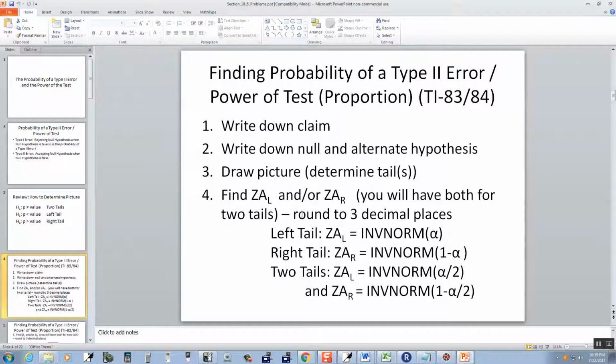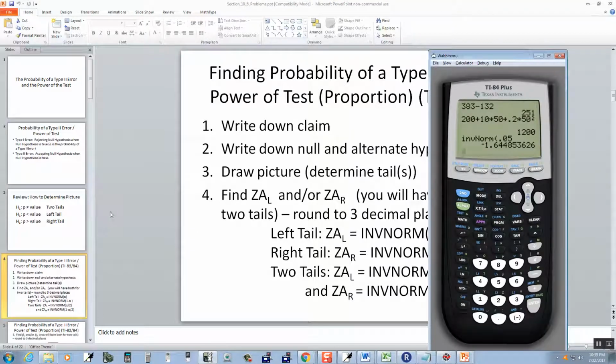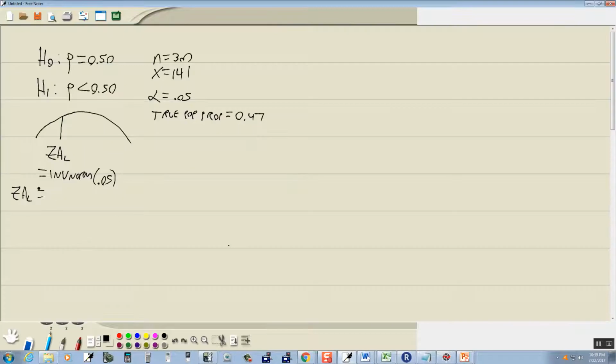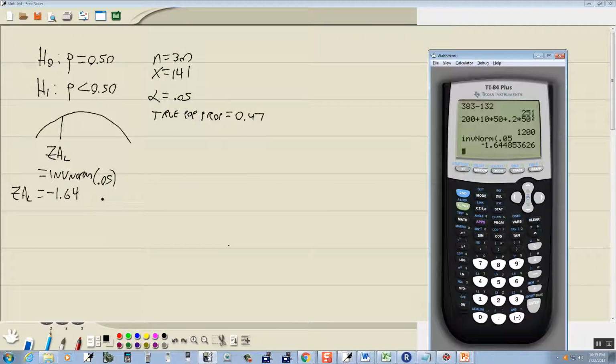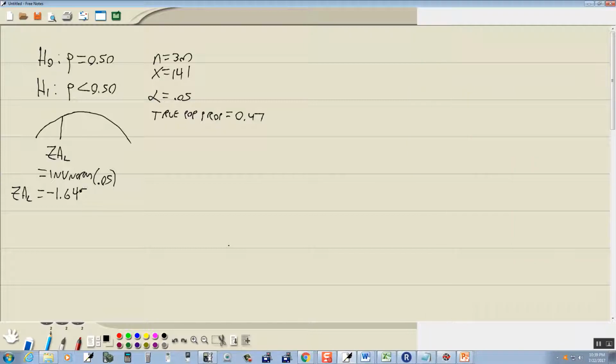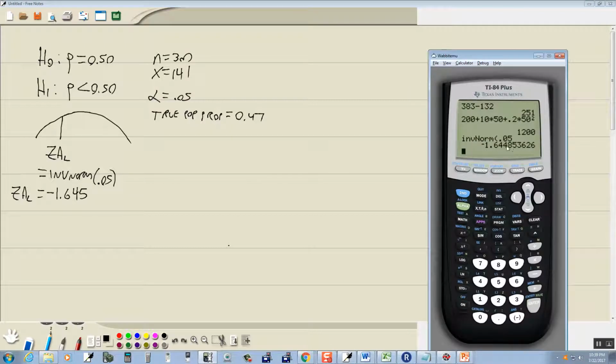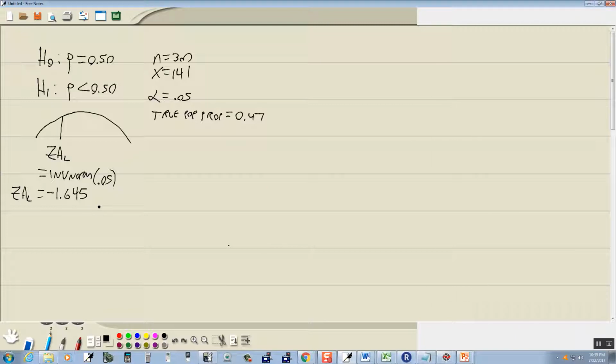Now here, note specifically I say round to 3 decimal places. So this is negative 1.645. We round up because of that 8. That's our Z alpha sub L.